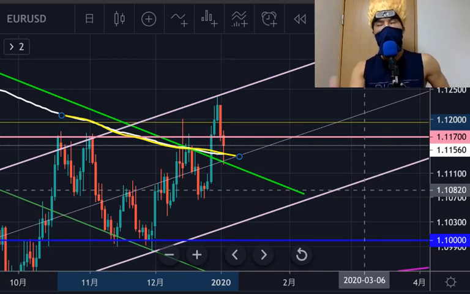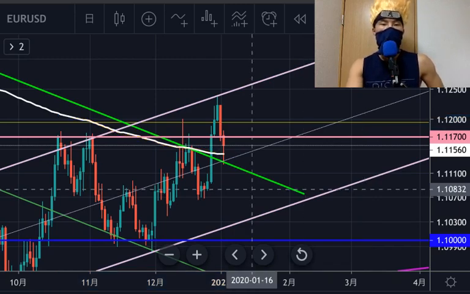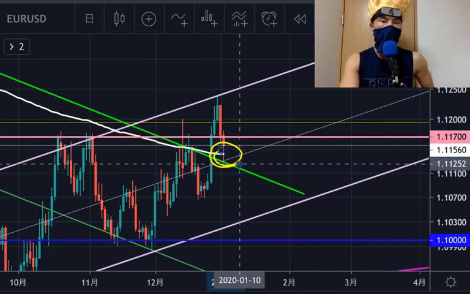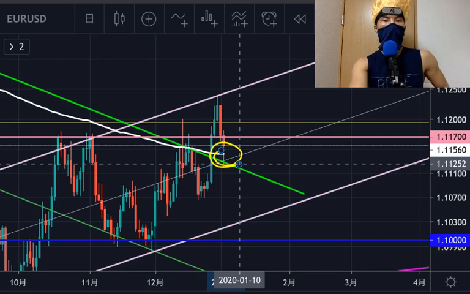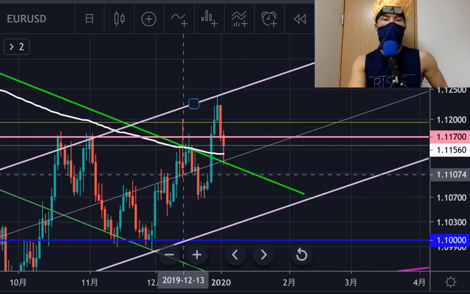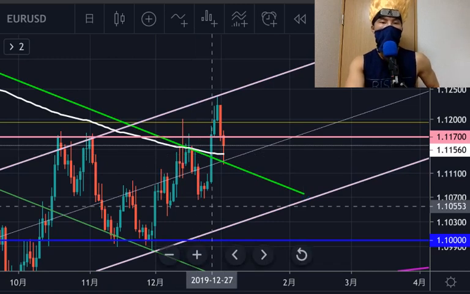The reason why I use the 200 SMA is that it is always extremely focused by the market maker. This 200 SMA worked for support, and here another break and one touch has been seen.